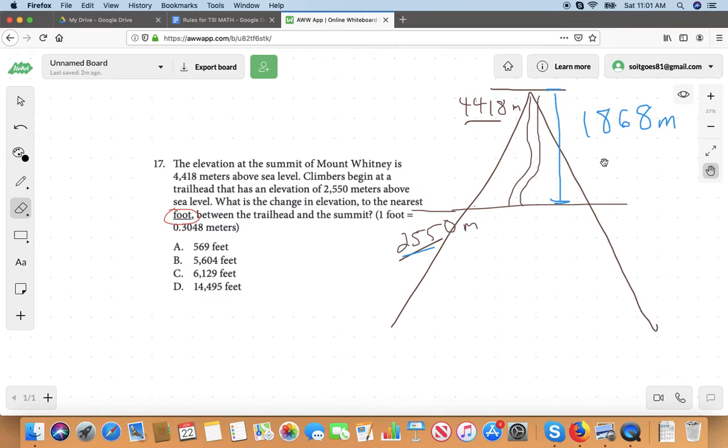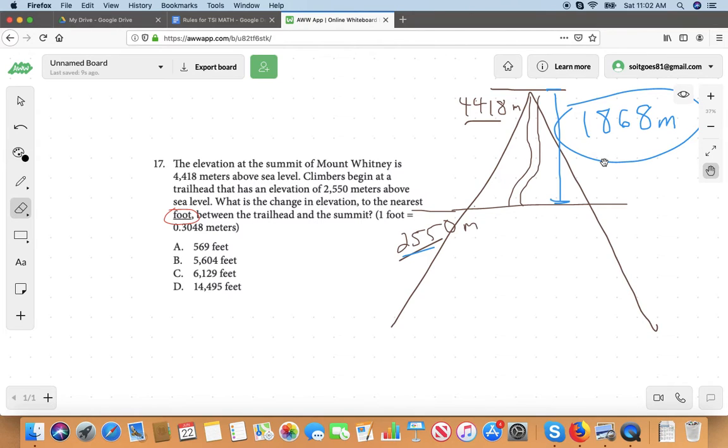From my chemistry and physics classes, I recall a meter stick being almost like a yardstick. So a meter is around 3 feet, and we're going to have something close to 3 times 1,868. I'm just feeling that out logically. It's going to be something close to that.